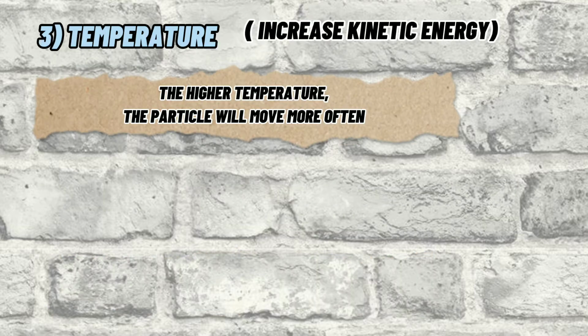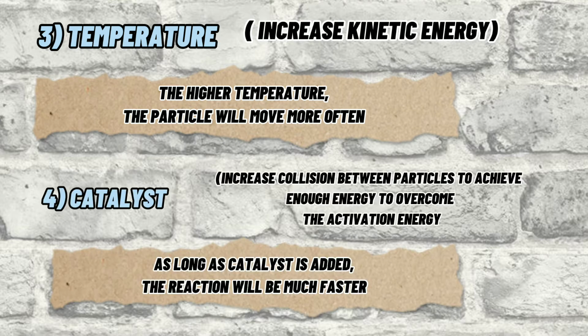Next, the higher the temperature, the particles will move more often because it increases the kinetic energy. Lastly, the catalyst. As long as the catalyst is added, the reaction will be much faster because it provides enough energy to overcome the activation energy.